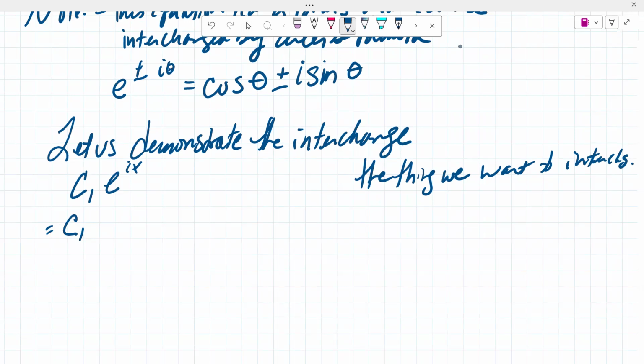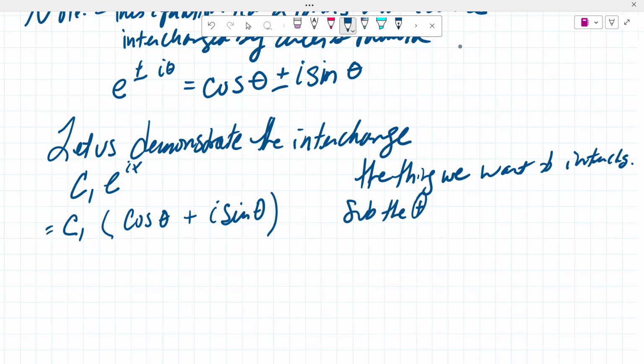This is a theta, not a 0. So C1 e to the ix is going to be C1 times cosine theta plus, since we have a positive sign, we take the plus route, plus i sine theta.